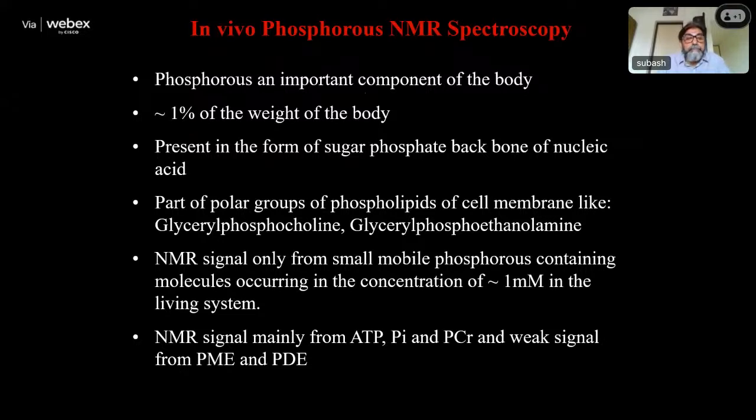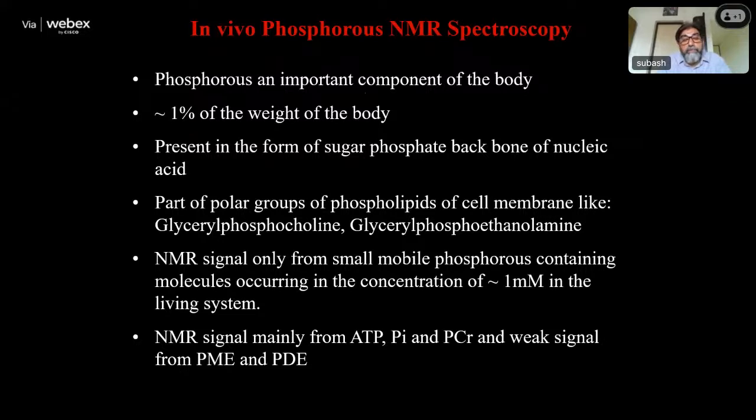You can obtain NMR signal only from small mobile phosphorus-containing molecules, and the concentration of these molecules should be approximately 1 millimolar or higher. As I told you, not all metabolites fall in this range, but whatever metabolites are in higher concentration than 1 millimolar, one can look at them in the MRS.